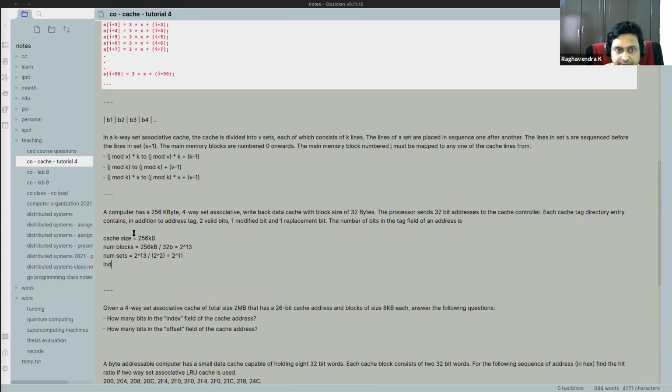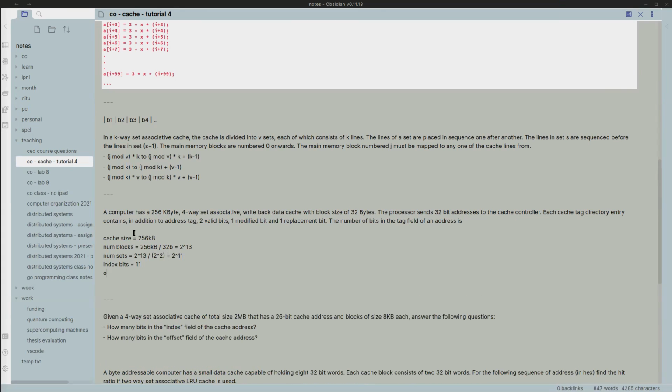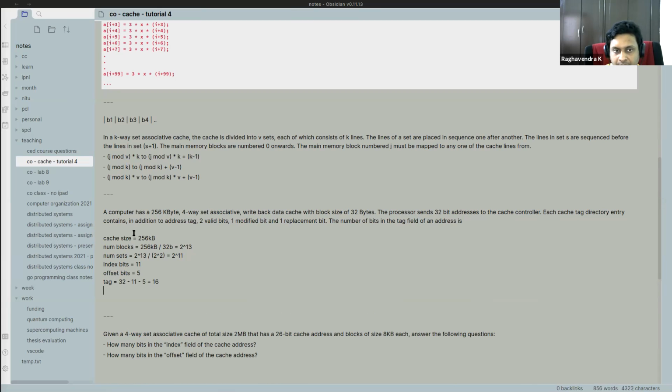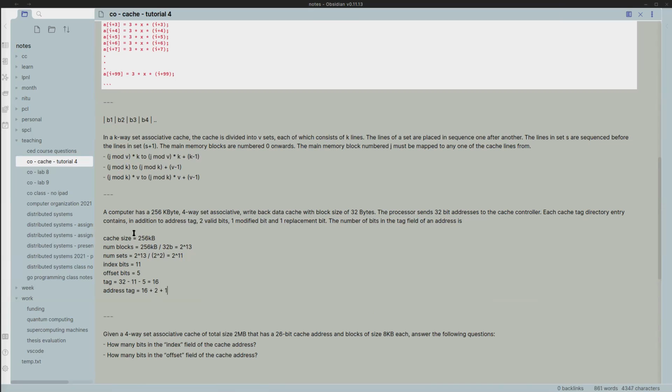So the index bits equal 11, and the offset bits is 5, for 32 bytes. Tag bits is 32 because the CPU address is 32. 32 minus 11 minus 5, that is 16. But the tag directory entry also has other bits, so the total is 22 bits: 16 plus 2 plus 1 plus 1. This is also a GATE question.